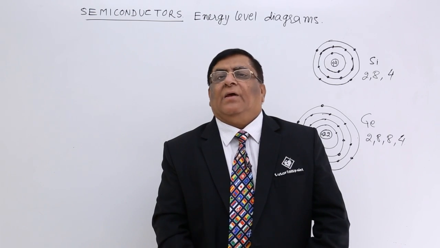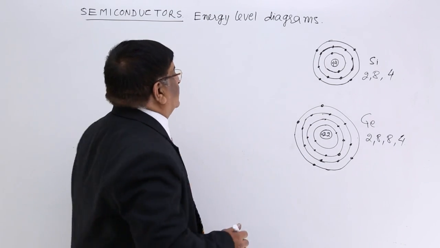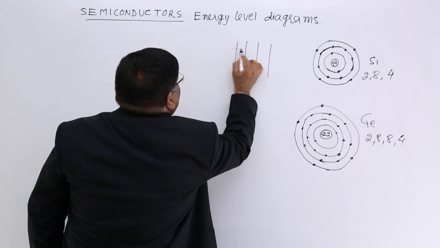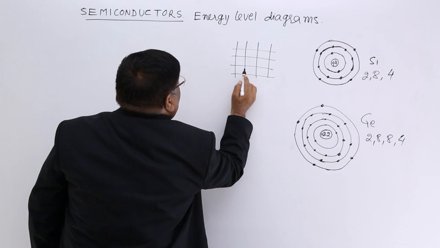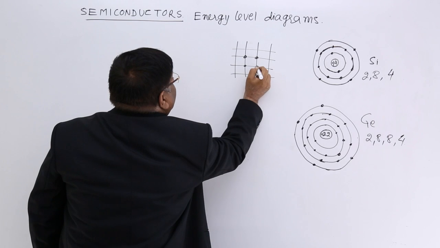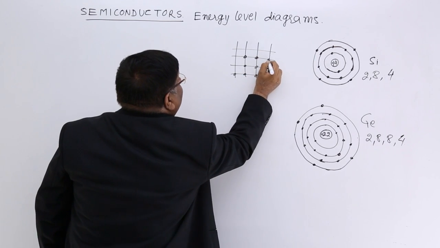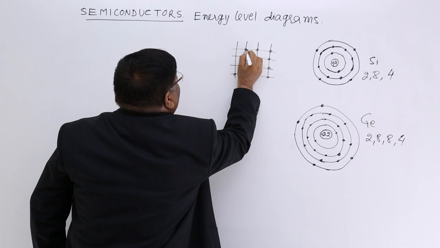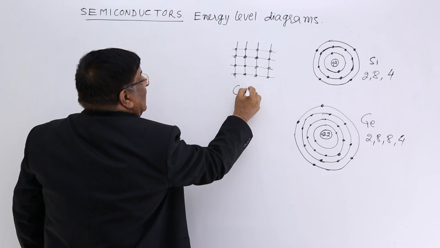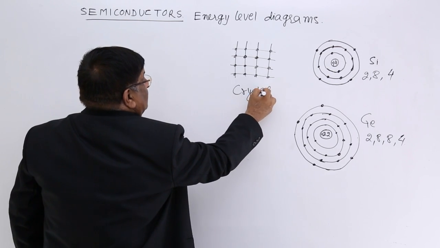But when we make crystal form of the atoms, here are atoms, then they come very close to each other, and when atoms come very close to each other, then their energy levels change.